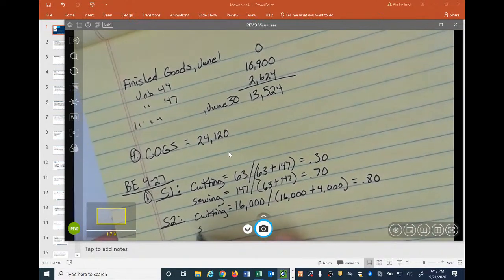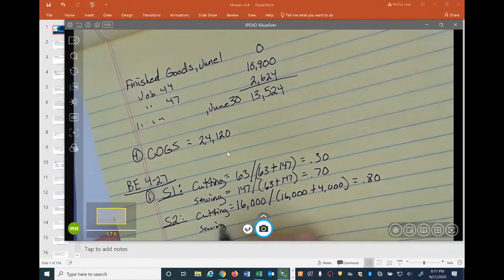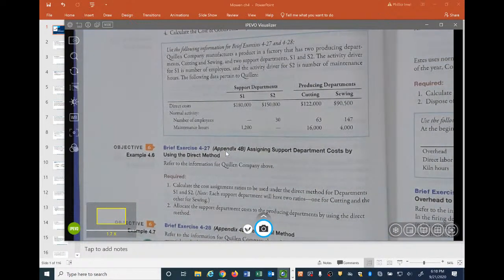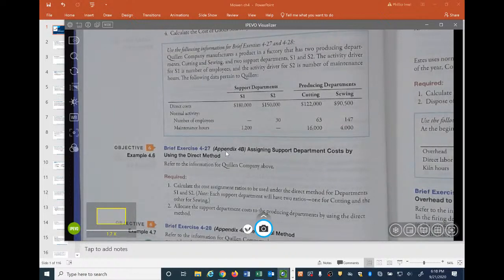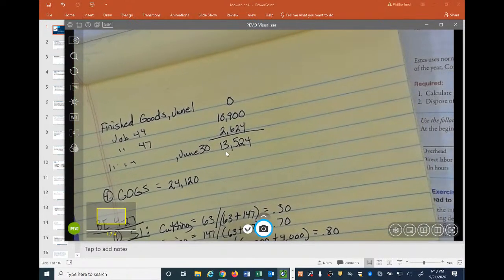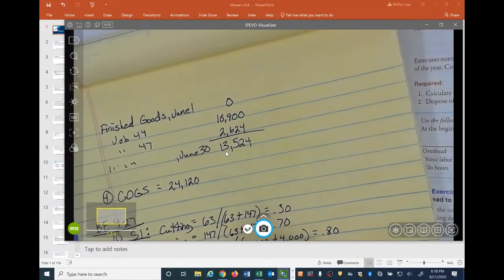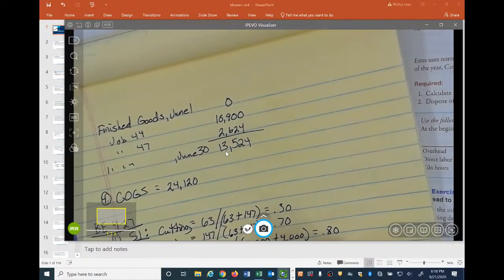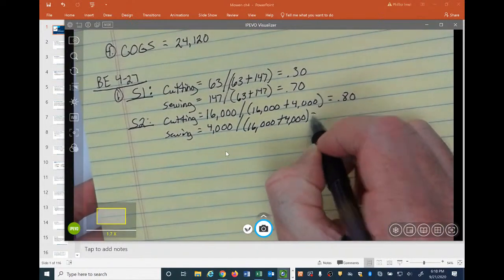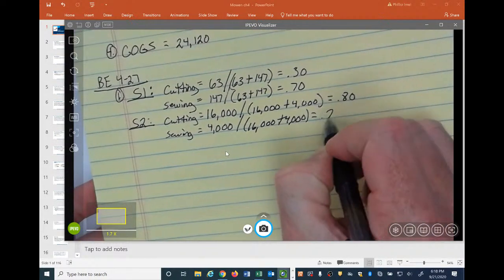And then for sewing, what do we have for sewing now? 0.2, right? And how do we find that? Next to sewing is the 4,000 divided by the same thing, 16,000 plus 4,000, which equals 0.20.